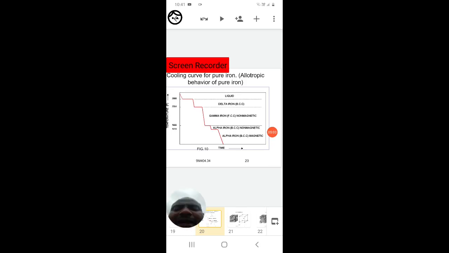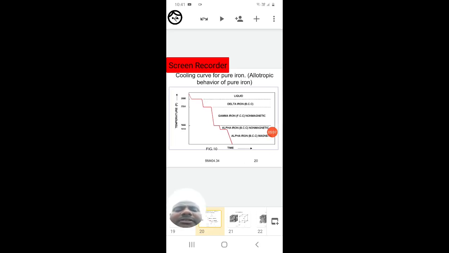Delta iron has a BCC structure, body centered cubic. Gamma iron has an FCC structure, face centered cubic. These are all non-magnetic. Below 1414 Fahrenheit, it has magnetic properties.